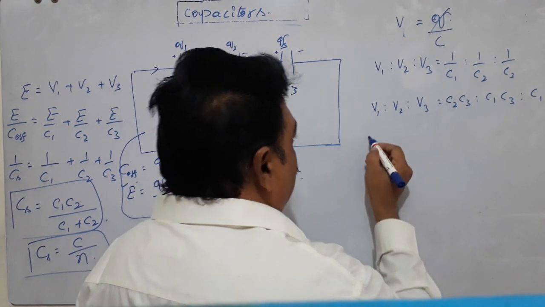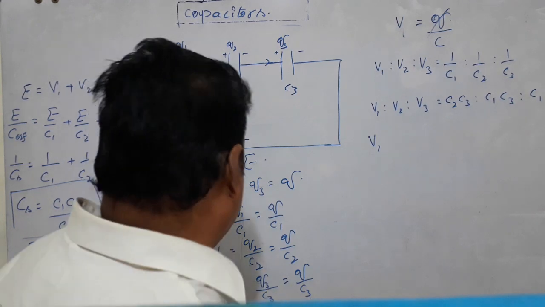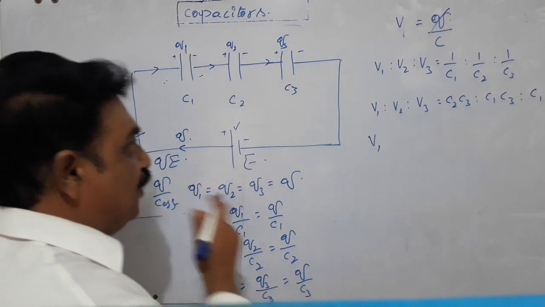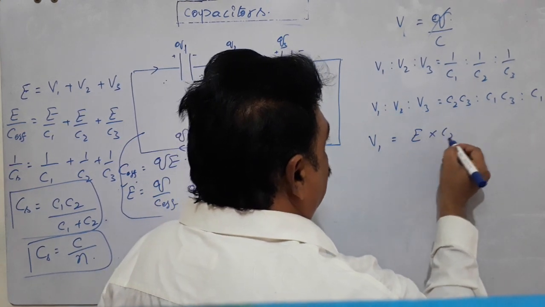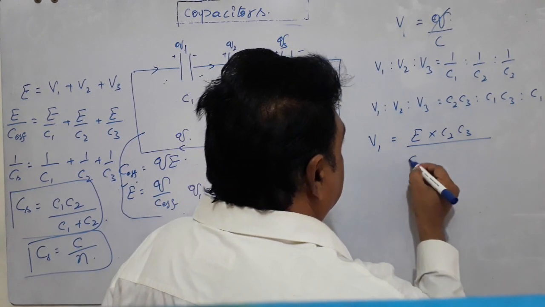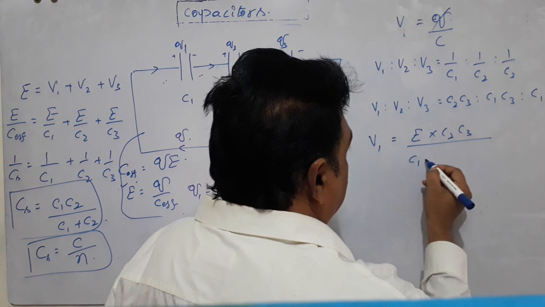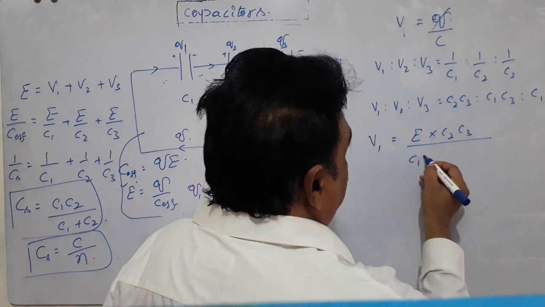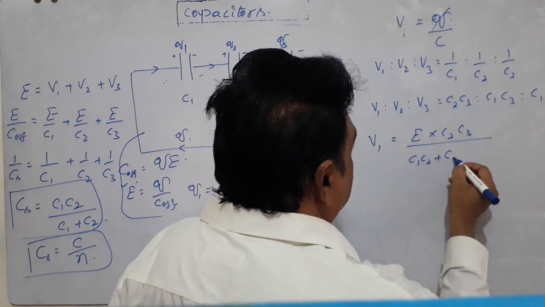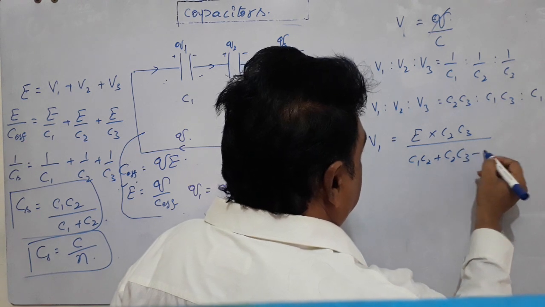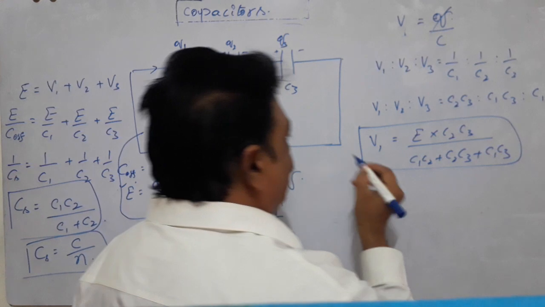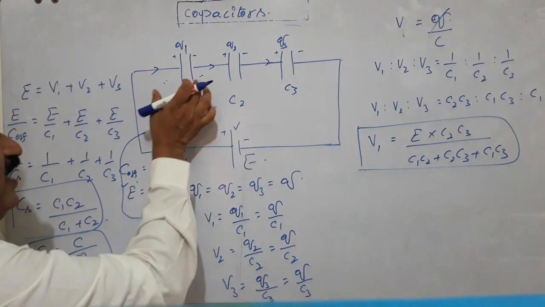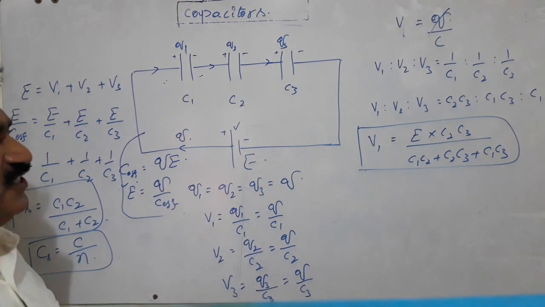If you want V1 out of this effective E, it is E into C2 C3 by C1 C2 plus C2 C3 plus C1 C3, which will be the effective potential difference across the first capacitor.